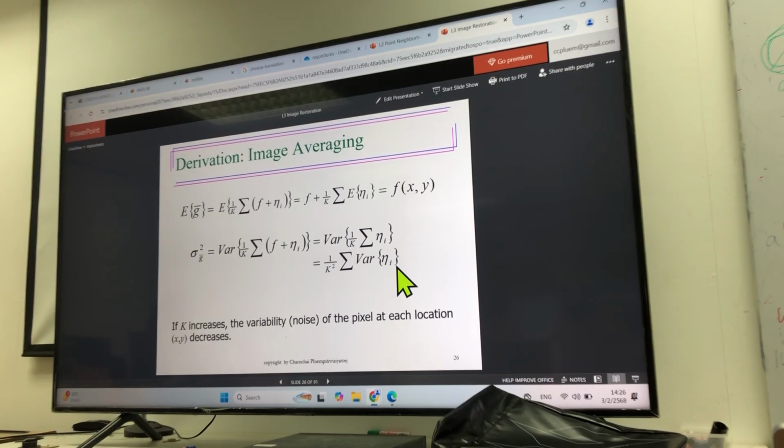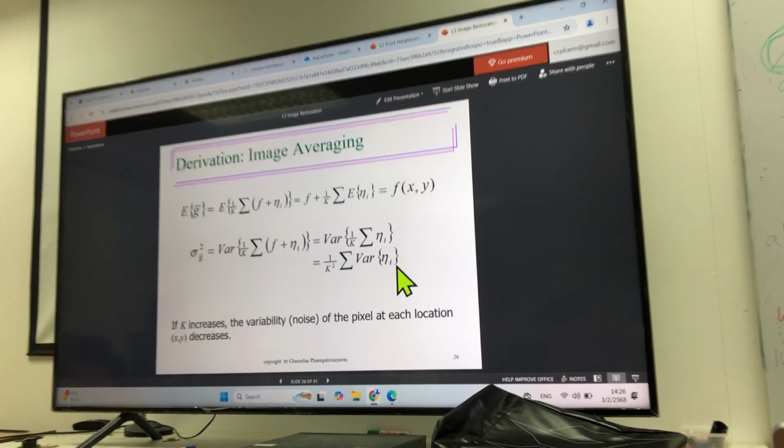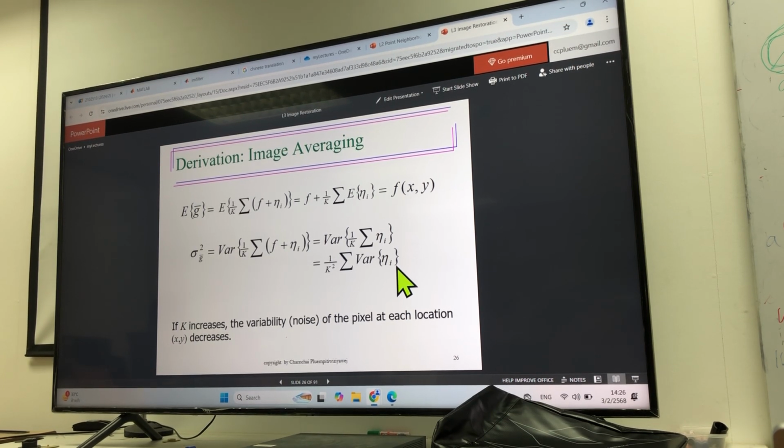That means the variance will reduce by K squared, right? The summation of variance, if the variance is constant, you're going to get K times sigma squared, which is 1 over K sigma squared.